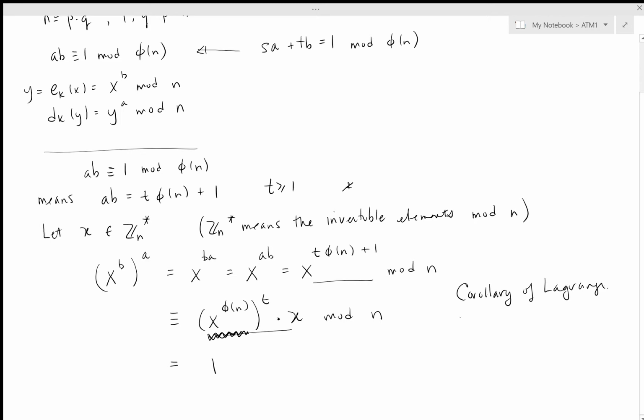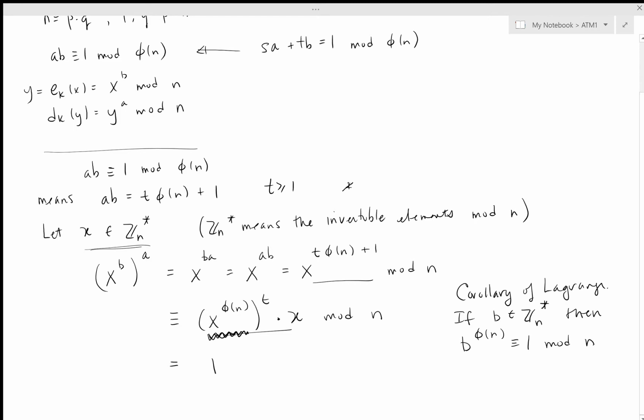And that is, if B is an invertible element in Zn, then B to the phi n is congruent to 1 mod n. So I started with the assumption that the thing I'm going to encrypt is indeed an invertible element in Zn.